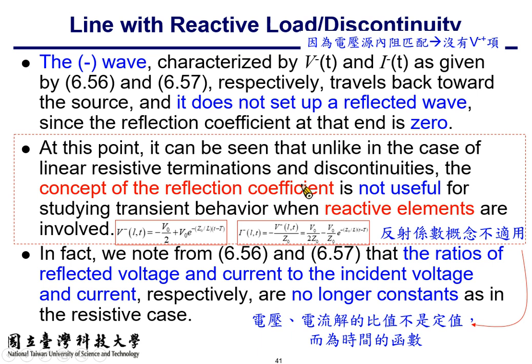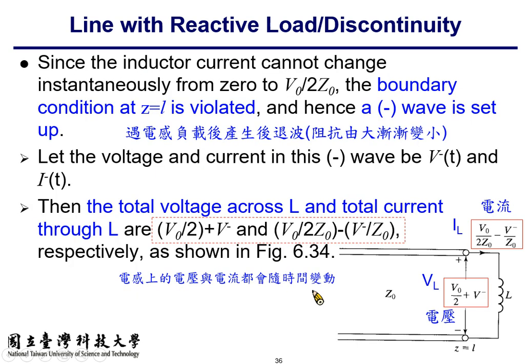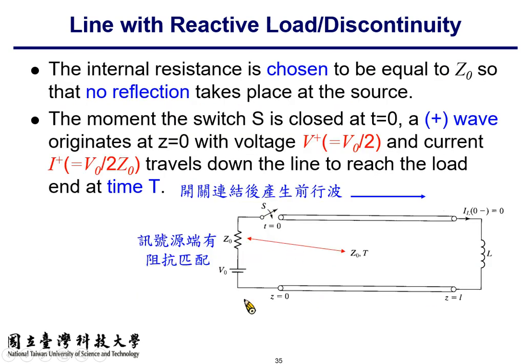So what happens once we close up the switch? Once we close up the switch of the transmission line circuit, the battery will start charging up the inductor. So at the beginning, the right-hand side should act as an open circuit, right?